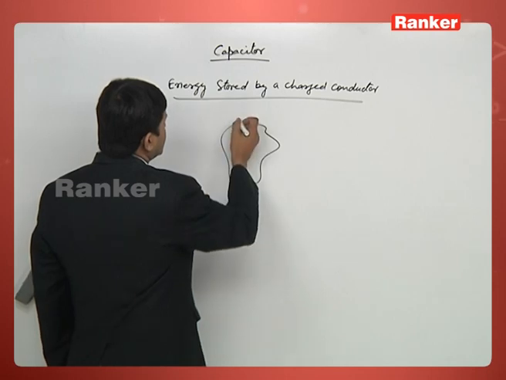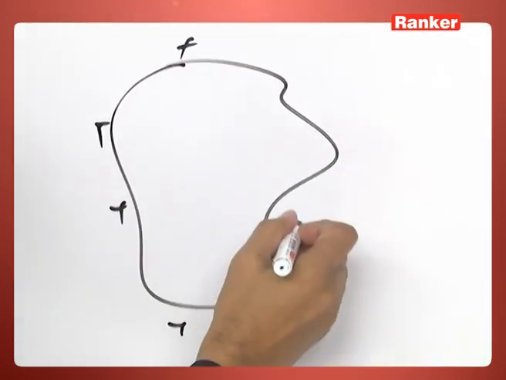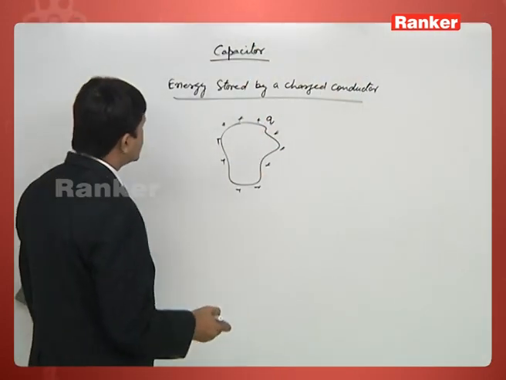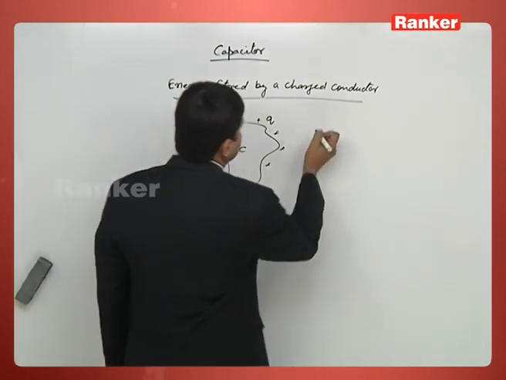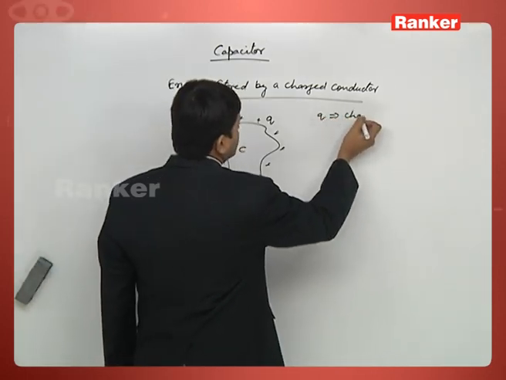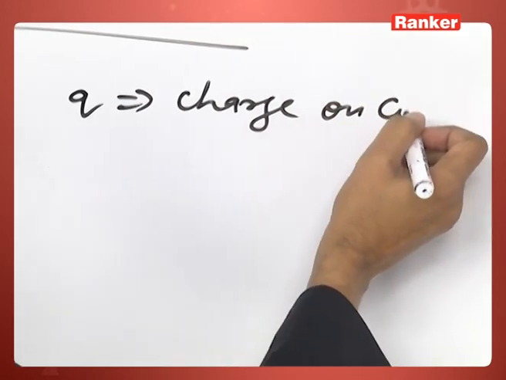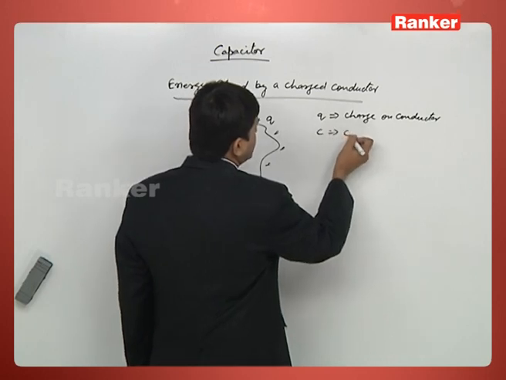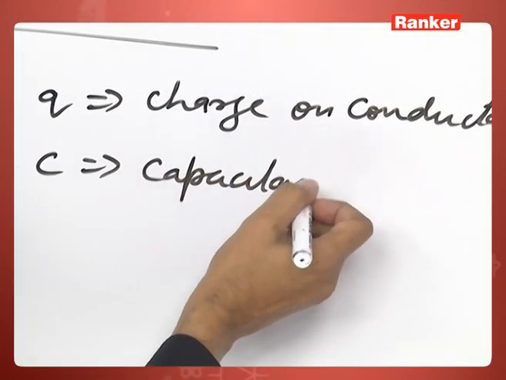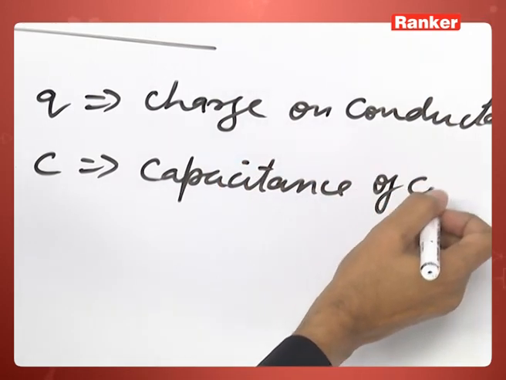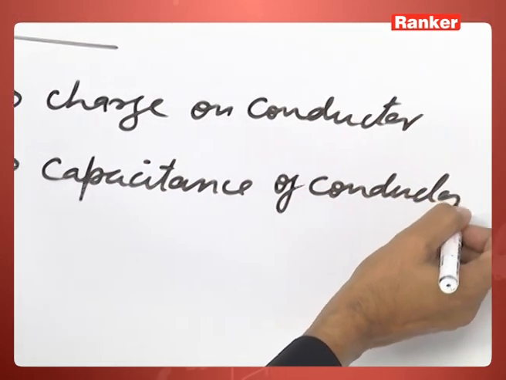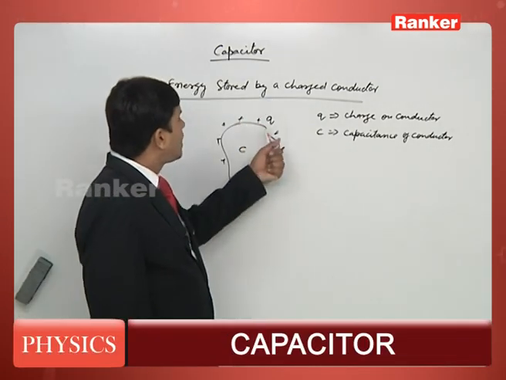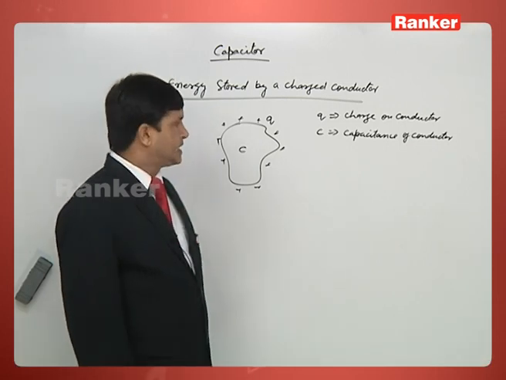Suppose this is a conductor having certain charge Q and its capacity is C. Q is the charge on the conductor and C is the capacitance of the conductor. So the first thing is how the charge has come and how it stores energy.